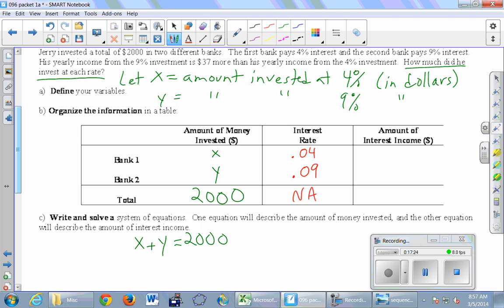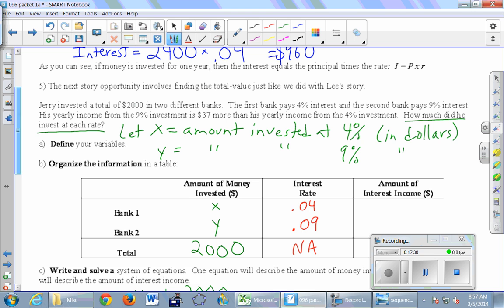Okay, now this is the new column, the hardest column. Amount of interest income. All right, let's come back to our equation right up here. The formula for the interest was the principal times the rate. That is the amount of money you invest times the interest rate. In that first row, what did we call the amount of money we invested? It's X. That's what we called X, right? The amount we invested in the first bank.